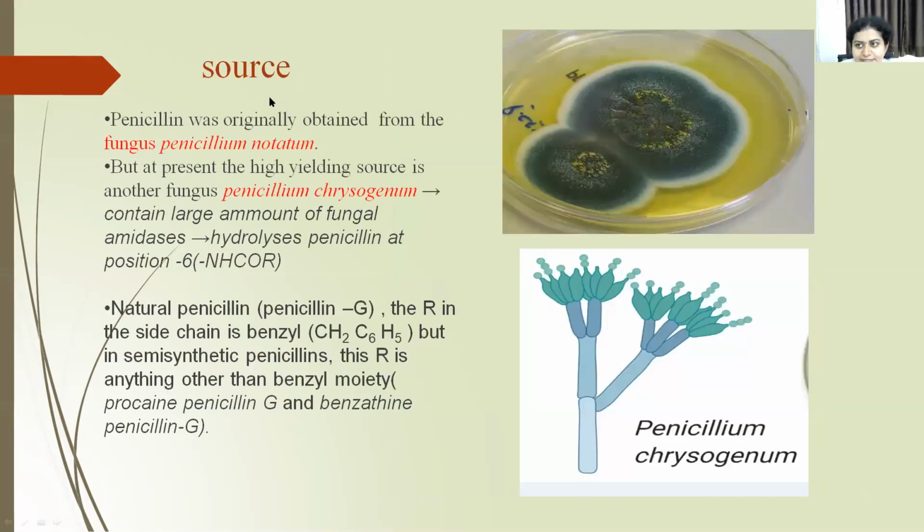What is the source of penicillin? It was originally obtained from the fungus Penicillium notatum, but at present the high-yielding source is another fungus, Penicillium chrysogenum.